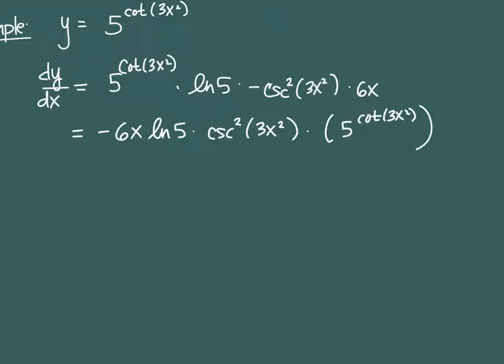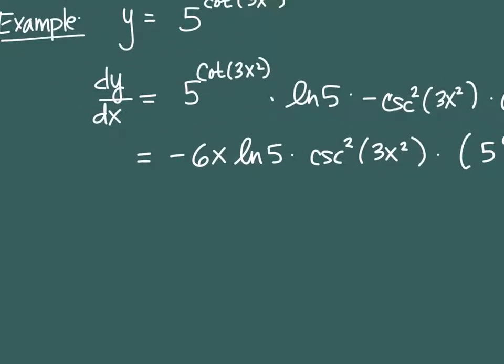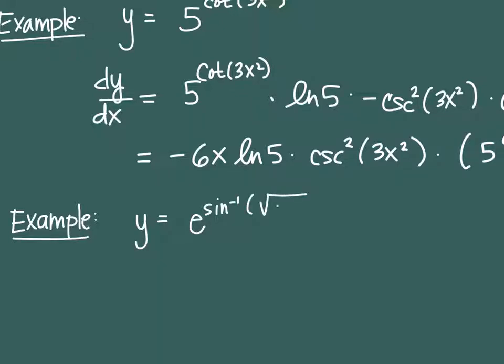All right, the last one I wanted to finish up with is one that looks like this. Okay, let's say we've got y equals e to the sine inverse of the square root of 2x.